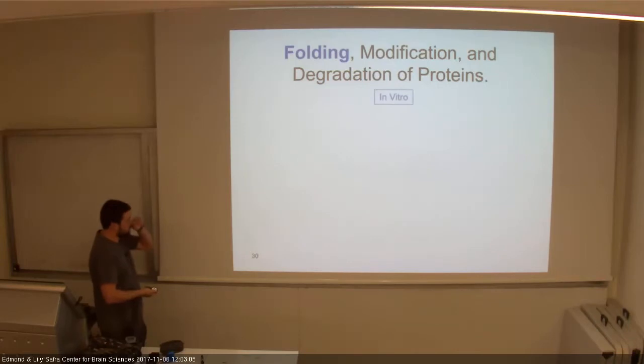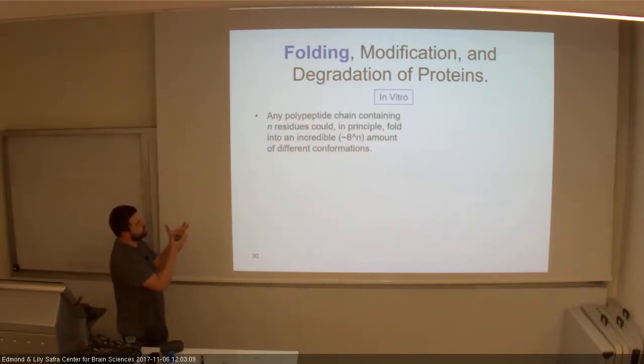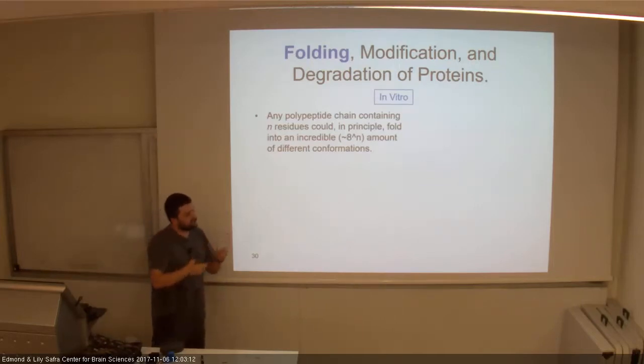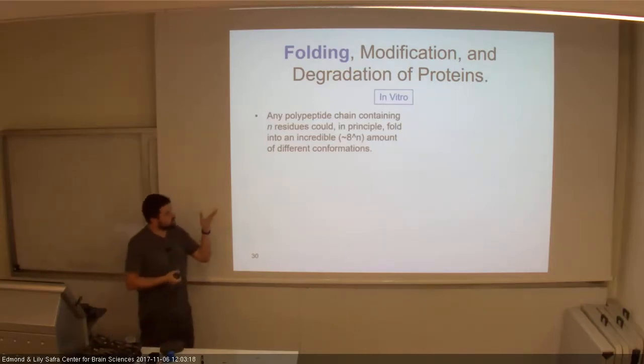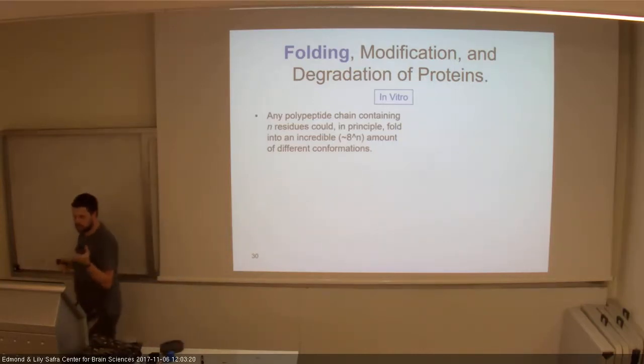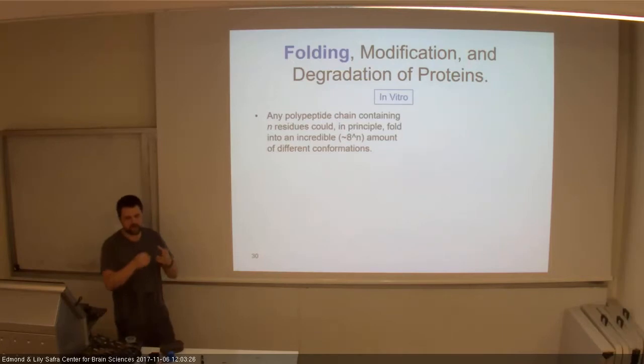If we're talking about theoretical conditions, in vitro, in a vial or in a test tube that's isolated, then theoretically there are a to the power of n, where n is the number of amino acids, different orientations that a protein can fold.